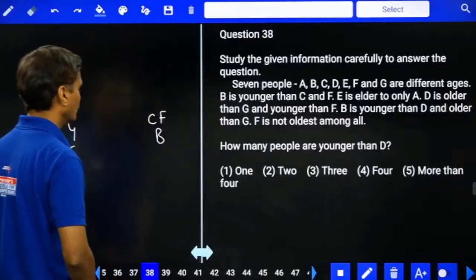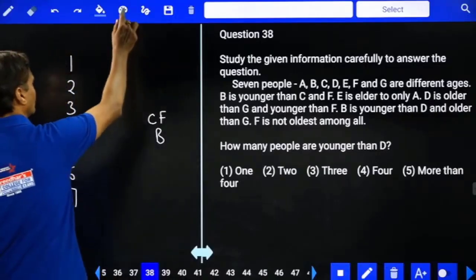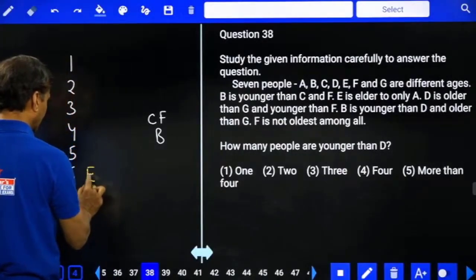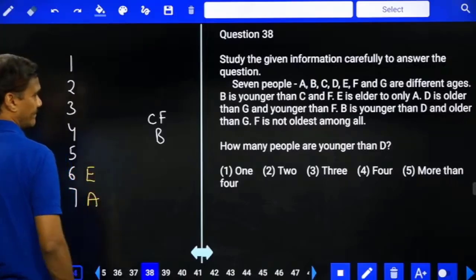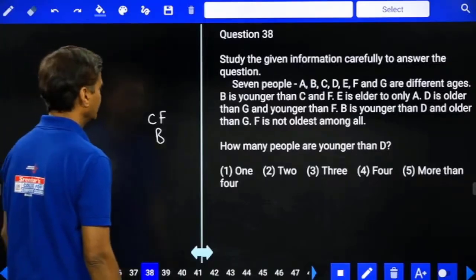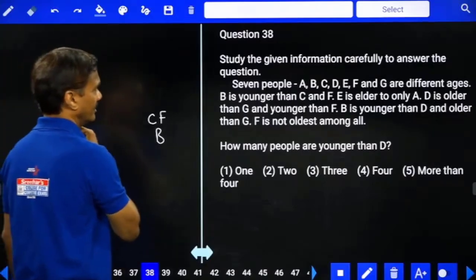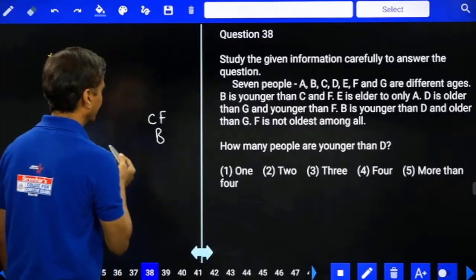And E is elder to only A. As E is elder to only A, that means E is elder to only A but younger to all the remaining. Then F is not the oldest among them. F cannot be at this place. And D is older than G and younger than F.